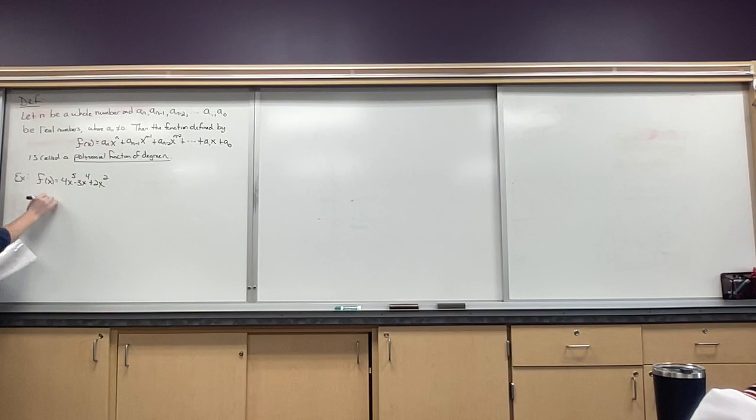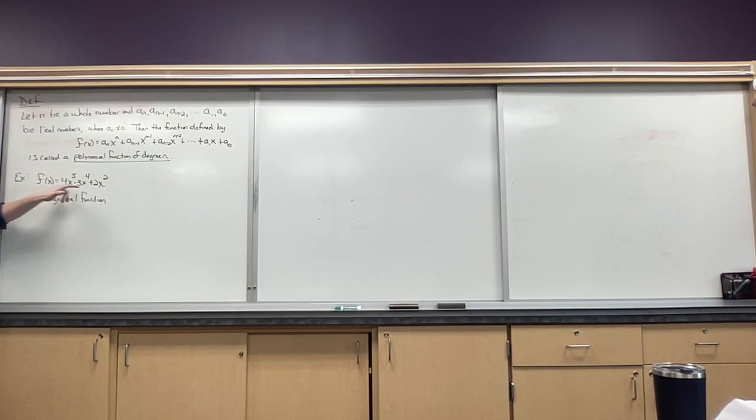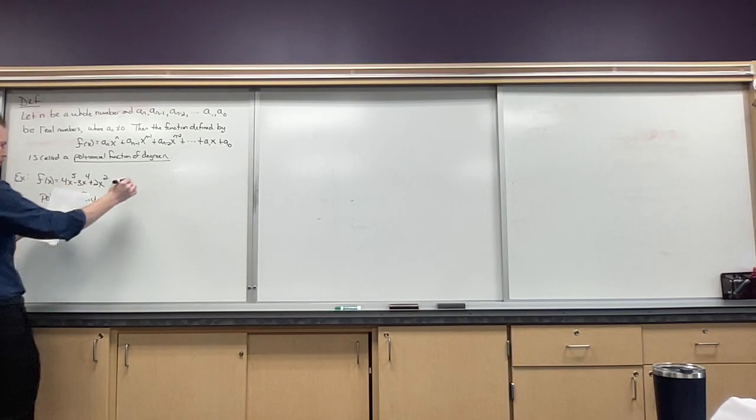So this would be an example of a polynomial function. When you write these out yourself, you want to start with your largest degree and go in decreasing order. Okay, makes it easier to work with. If you scramble this up, that's going to be hard to graph and hard to work with finding zeros and different things like that. So try to keep it in that descending order.